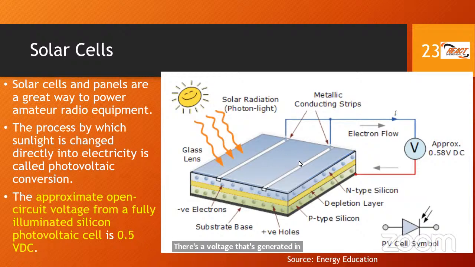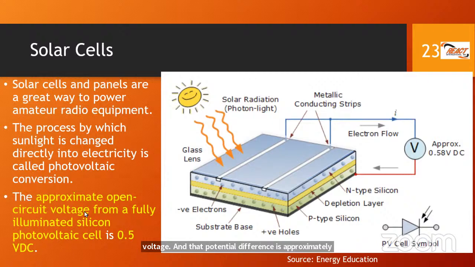And we need to be aware that in a solar cell, there's a voltage that's generated, and the voltage is approximately 0.5 volts DC, right? So this is a solar cell on your screen here, and when the sun hits it, this is one cell, it will generate electromotive force, it will generate a voltage, and that potential difference is approximately 0.5 volts DC, and that's the exam question.